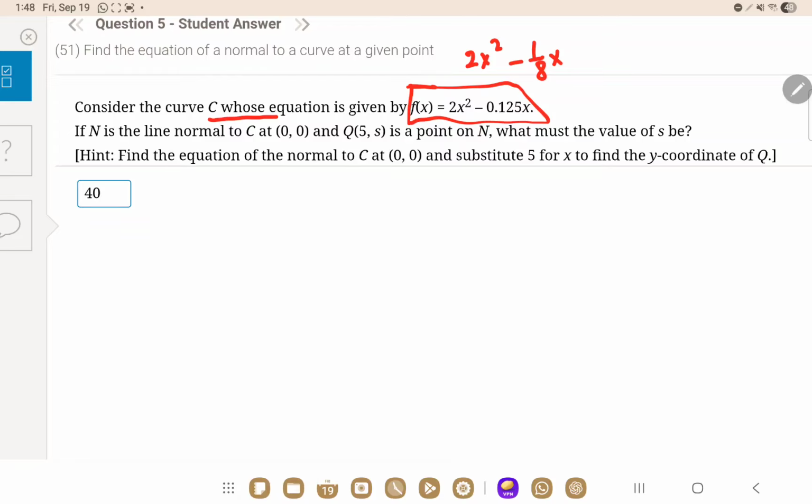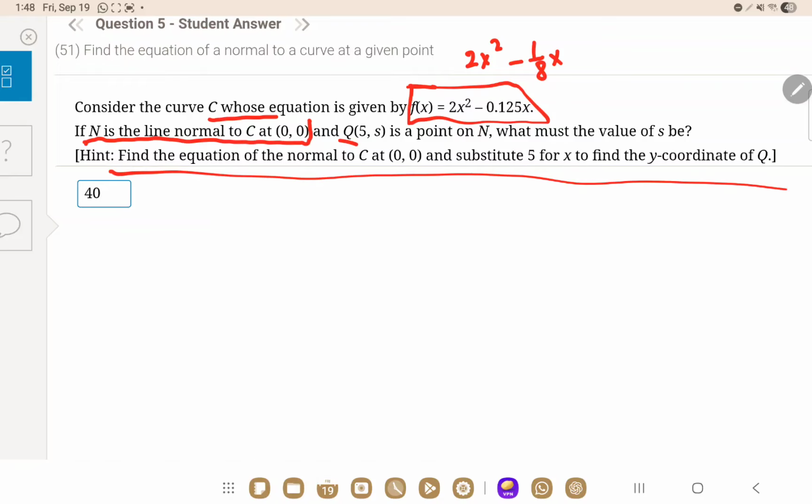For this question, you need to be able to derive the equation. They're asking if line n is normal to c at (0, 0) and q is a point on n, what is the value of s? And they even told you how to solve the question. So first of all, we derive to find the slope of curve c, or the slope of the normal.